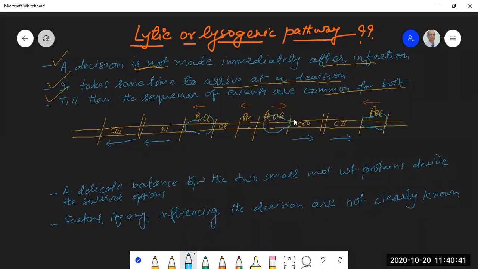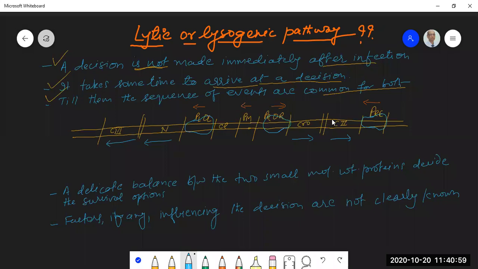A question definitely comes to mind: one RNA polymerase is traveling in this direction and the other RNA polymerase is traveling in the opposite direction on the same DNA. How is it possible? The answer is, we really do not know exactly how it happens, but it happens.